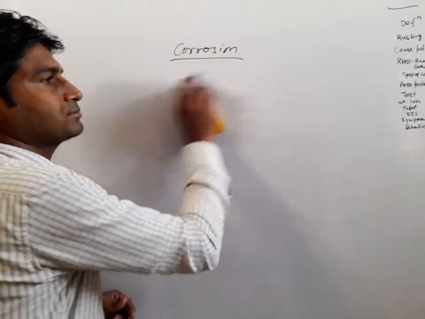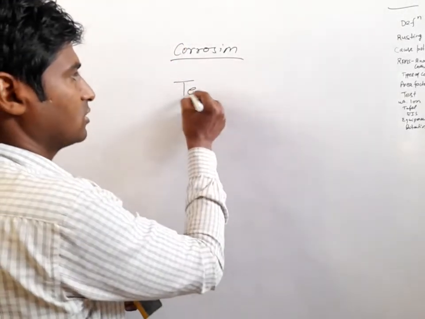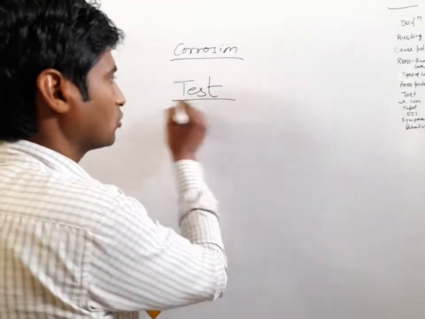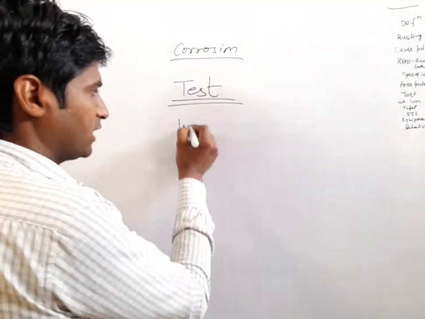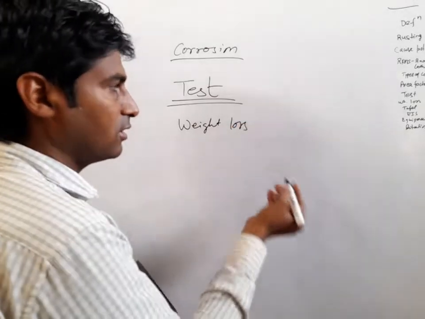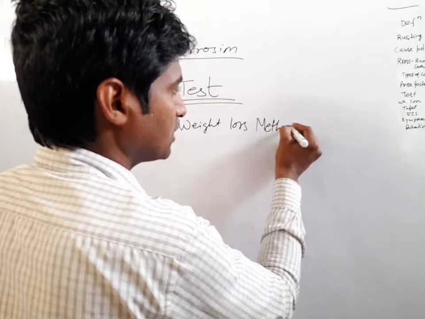So next is tests. What type of test can we perform to measure this corrosion? One is the weight loss method. This is generally used for general or uniform corrosion, in which we immerse the sample.